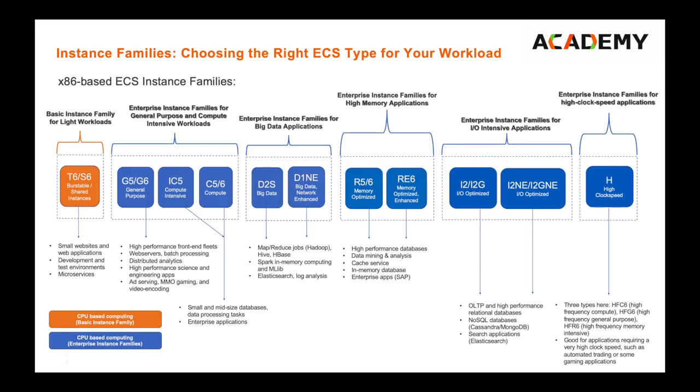Now there are a variety of different instance families to choose from based on your workload. Here we do our best to summarize the common x86 based server hardware that's available. So we have the T6 and S6 class all the way to the left. These are for light workloads. These instances have a CPU usage cap or a limit. These are intended for workloads that are not CPU heavy, maybe a small website or blog or a testing or development platform.